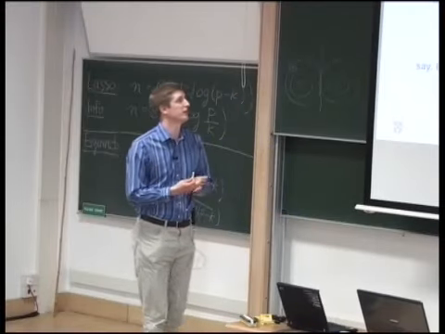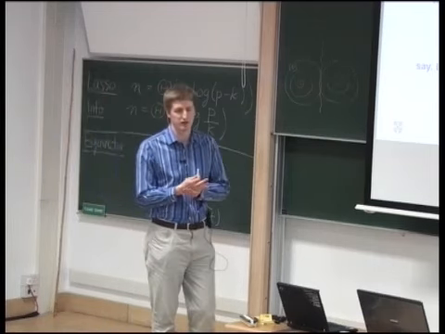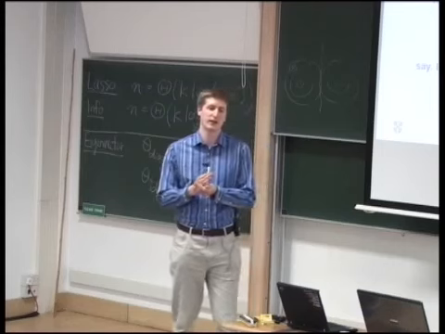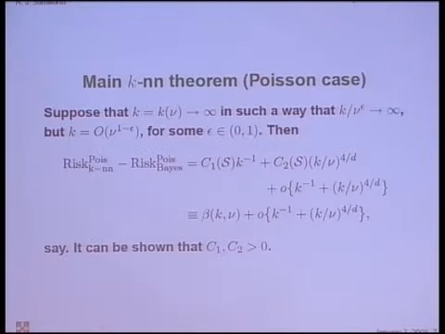So here is the main theorem for k-nearest neighbour classification. I need slightly stronger assumptions on k than just that it diverges. I need it to diverge faster than some power of nu, and such that k is big O of nu to the 1 minus epsilon, so a little bit stronger assumptions than were required for Fix and Hodges' results.